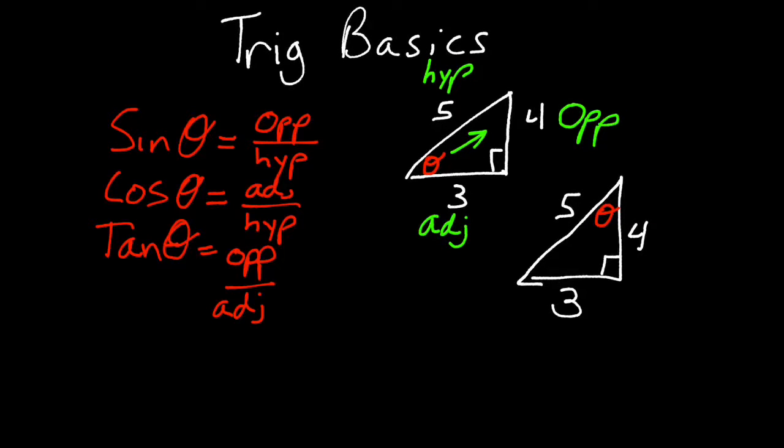Well, like I said, the hypotenuse is always across from the right angle, and it is the longest side, so that doesn't change. There's my hypotenuse here. This time, if I'm shooting an arrow across the triangle, the 3 is my opposite side. And now the only one left must be the adjacent, so there it is.